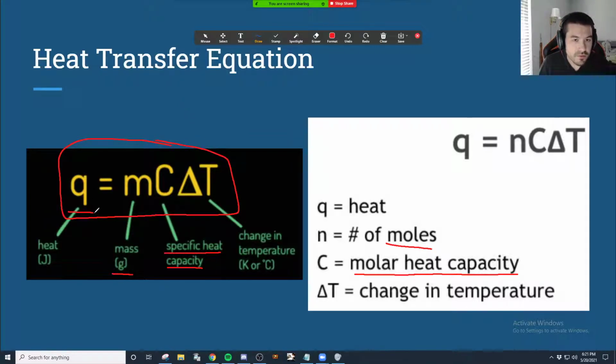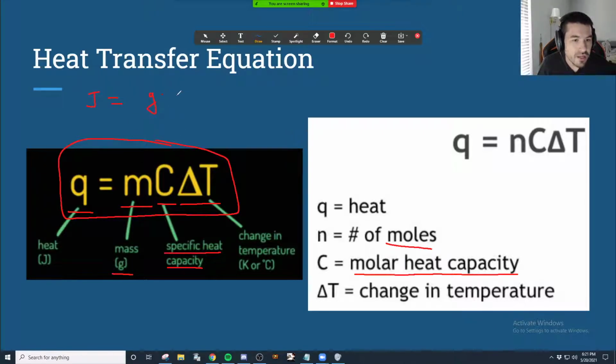The heat that goes in or out of a system is going to be equal to the mass of that system times the heat capacity of that substance times the temperature change, okay? The units work out, all right? Let me show you. So heat is in joules. Mass is going to be in grams.